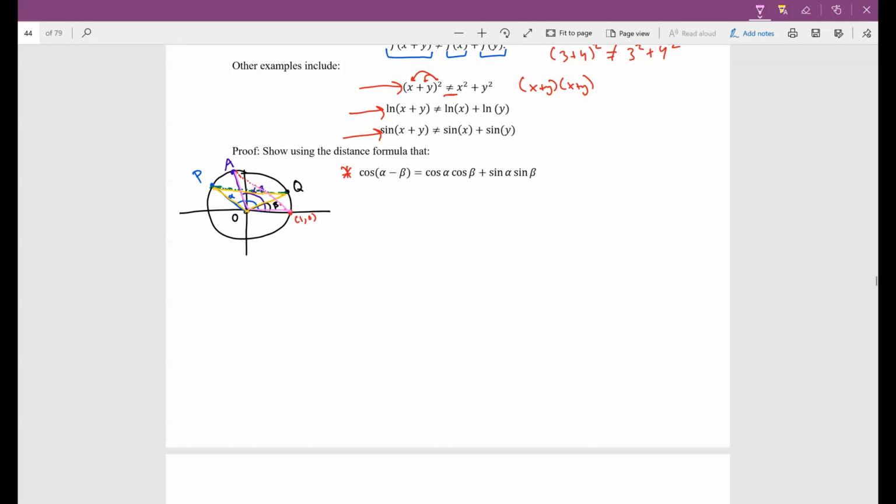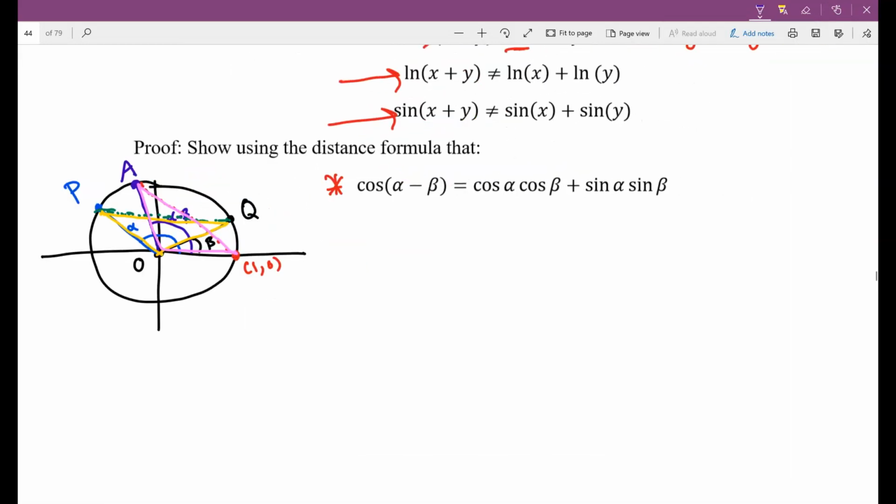Just by looking at it, let me zoom in. I don't know if you guys can really see it. When I label this angle from here to here, this was alpha minus beta. So how can I relate this pink triangle with this yellow triangle?